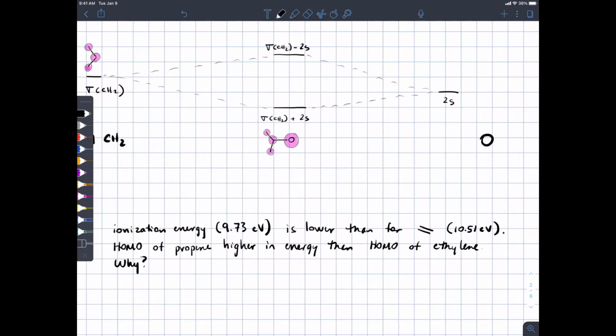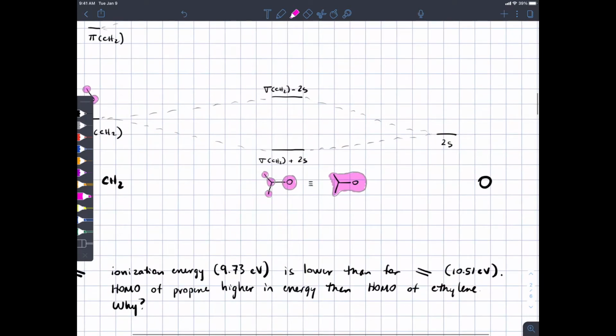If we drew this out, or if we looked at our MO calculations and drew it out how it actually looks, it might look somewhat fish-like, more on the oxygen than on the carbons.